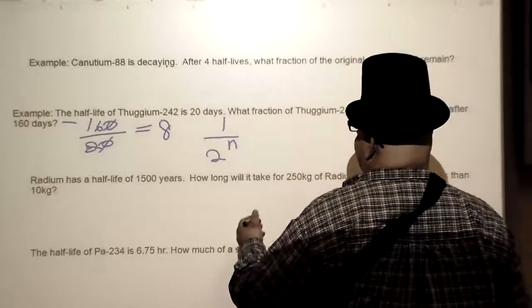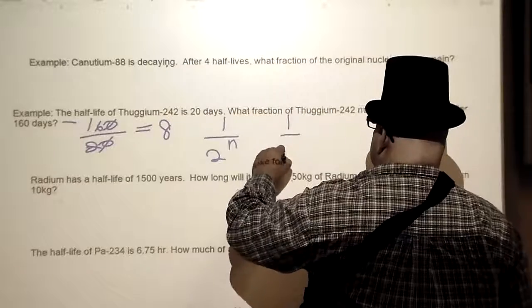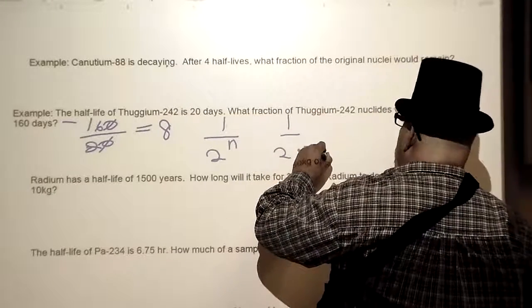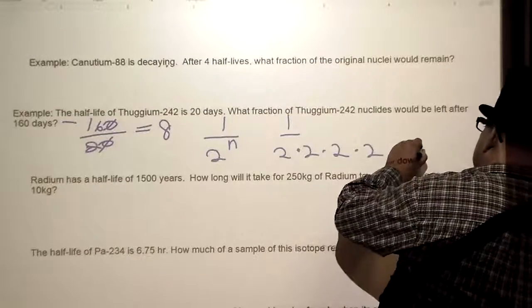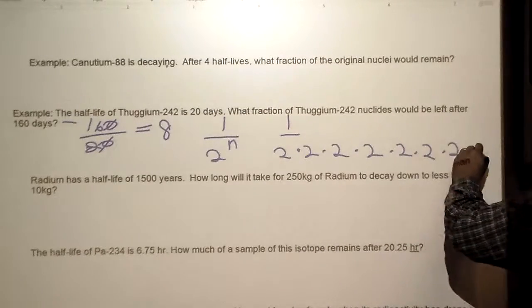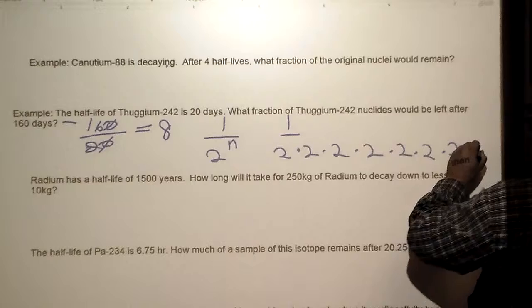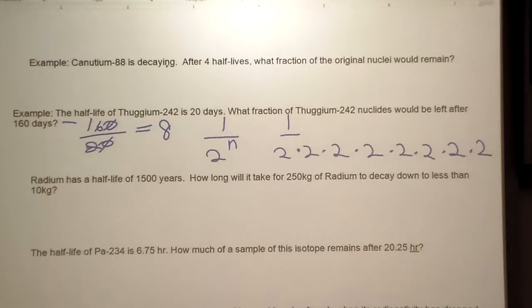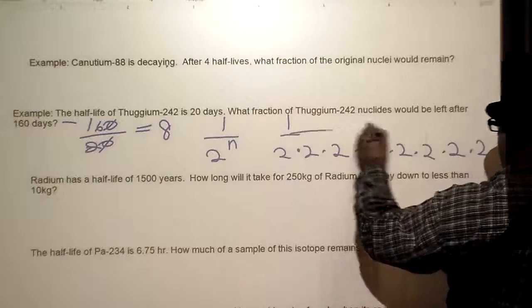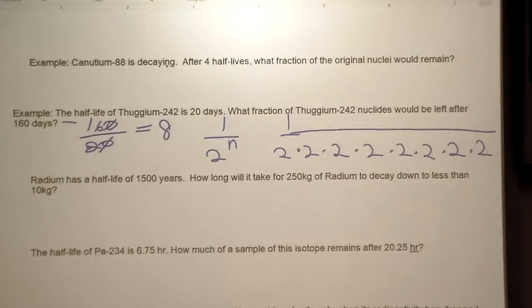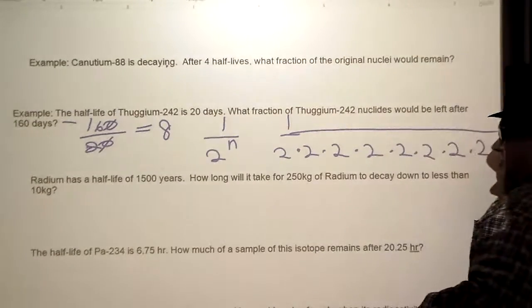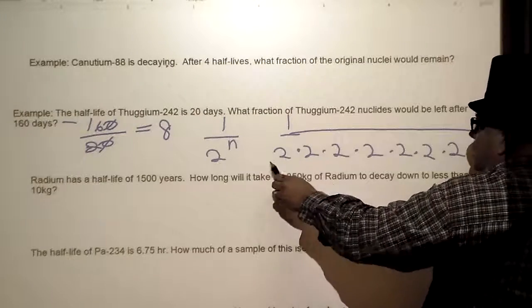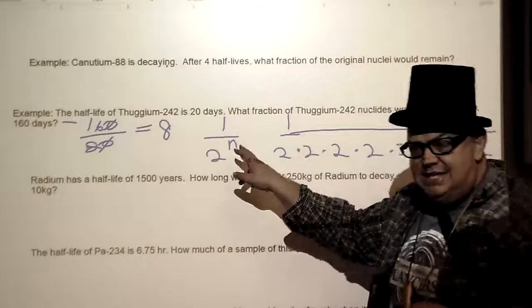So what does that mean for us? 1 over 2 times 2 times 2 times 2 times 2 times 2 times 2 times 2, eight 2s. You're not multiplying 2 times 8.